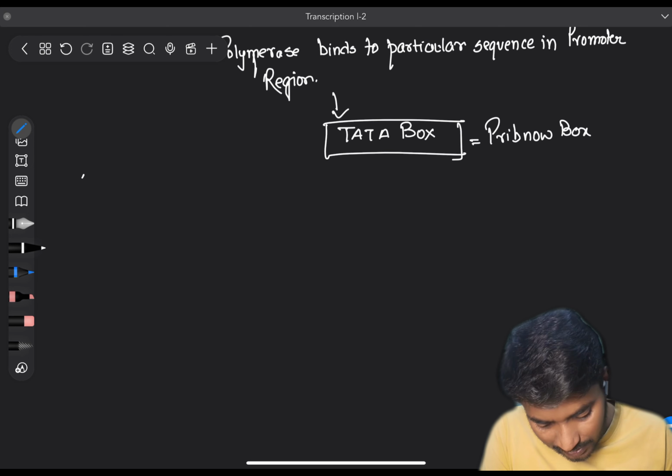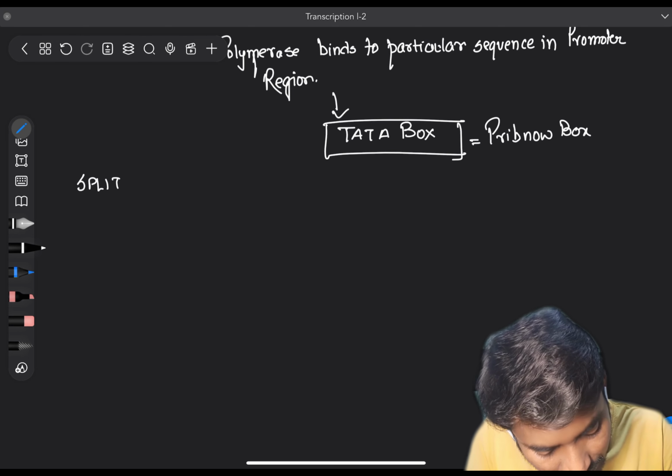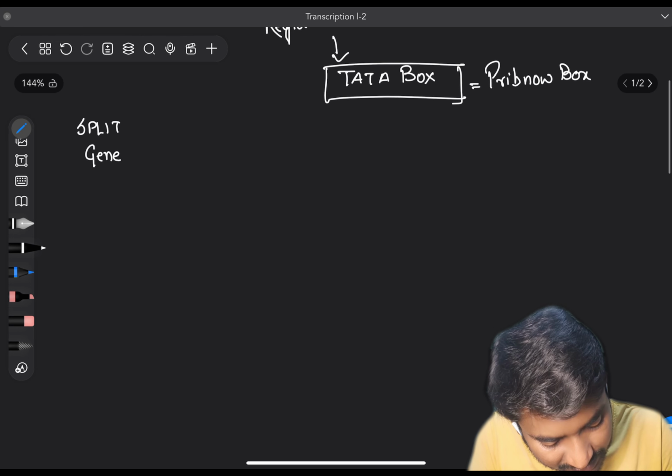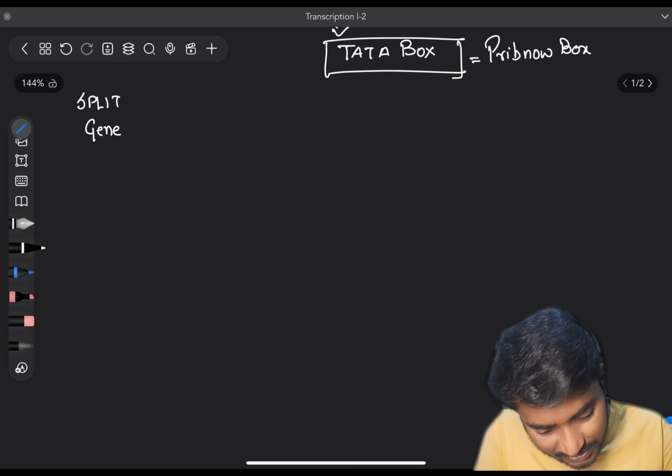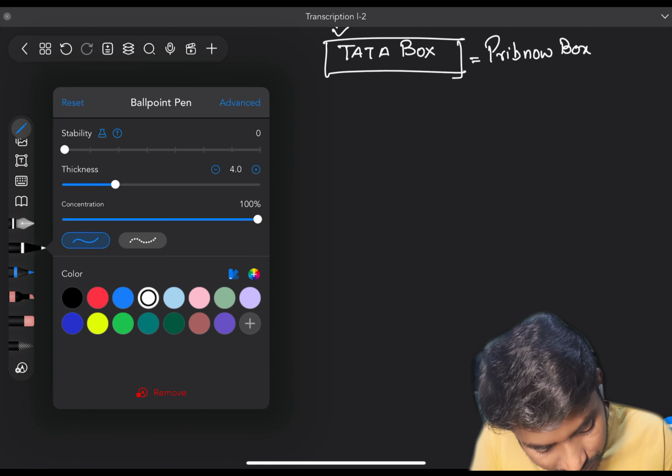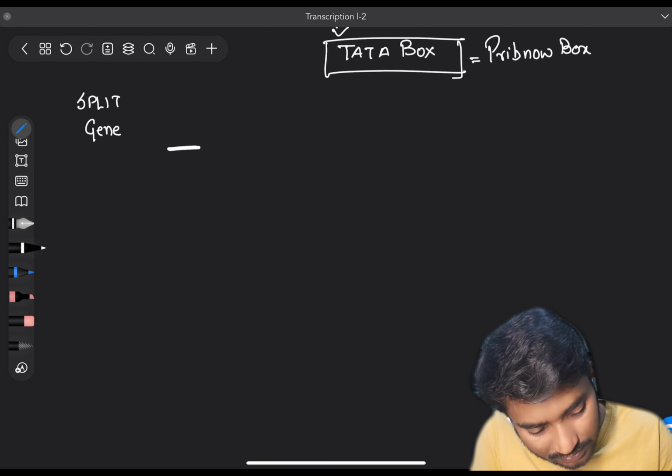Now, let there be a gene called a split gene. Let this be the split gene.